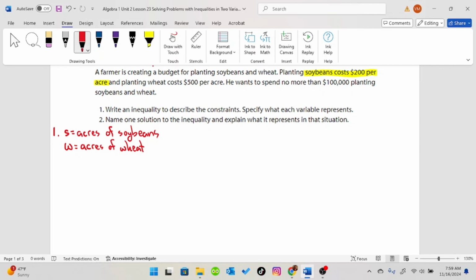So in our inequality, we would pair 200 with S. We'll multiply $200 times every acre of soybeans that he plants. Next, we can see that wheat costs $500 per acre. So we would pair 500 with W, and that tells us we would multiply $500 times every acre of wheat.